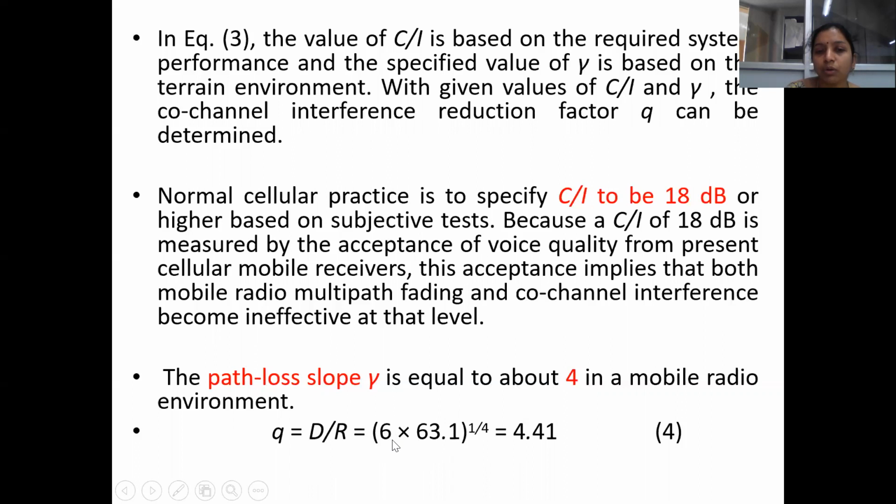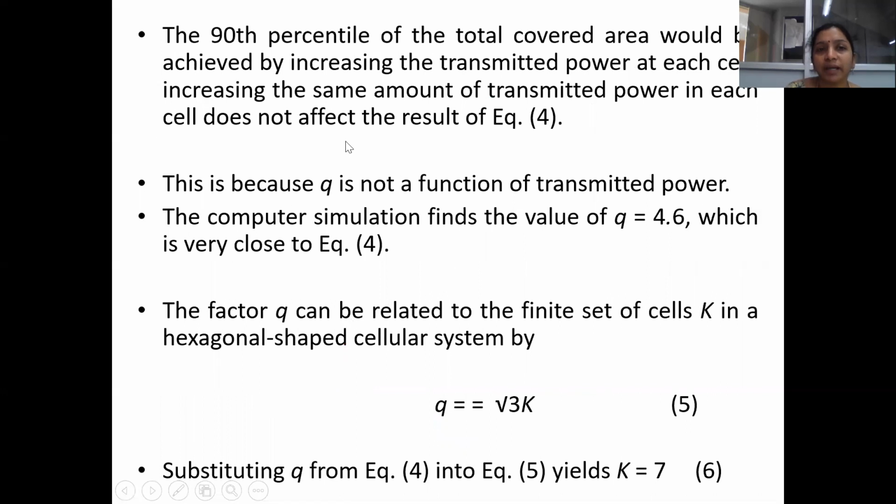As I told earlier, the number of co-channel cells coming into interference is 6 in one tier. If you substitute this, the value we get for q, the co-channel interference reduction factor, is 4.41. The 90th percentile of the total covered area would be achieved by increasing the transmitted power at each cell.